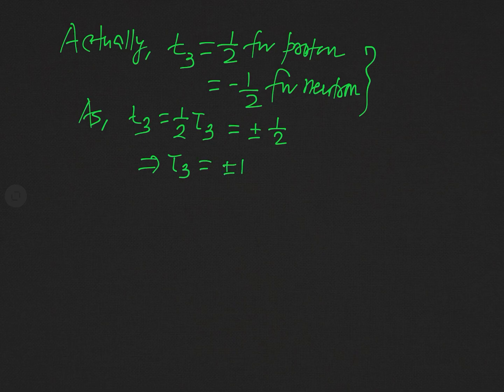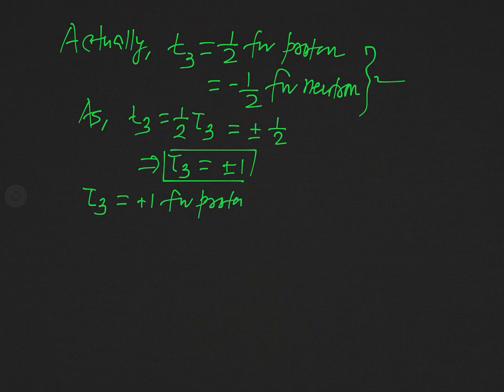Tau 3 will be equal to plus minus 1. And you can see, in accordance with this convention, that this tau 3 is equal to plus 1 for proton and tau 3 will be minus 1 for neutron.